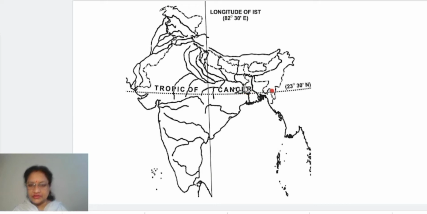When you move towards east, you'll find the northeastern states are there. You have to be very careful. Almost this line has to touch it. When you draw, it is a little bit above this tip of it, and this is actually the Tropic of Cancer. This is also called 23.5 degrees north.